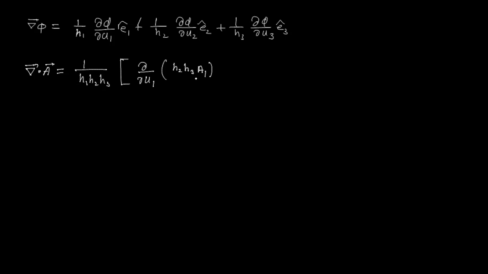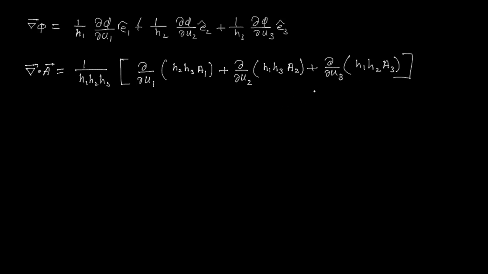That means if this vector is given in a rectangular coordinate system, then it will be the x component, plus del by del u2. Now we have to multiply with h1 and h3 and the second component of the vector, plus we have to differentiate with respect to u3, and then we have to multiply here h1 h2 and the third component of this vector quantity.